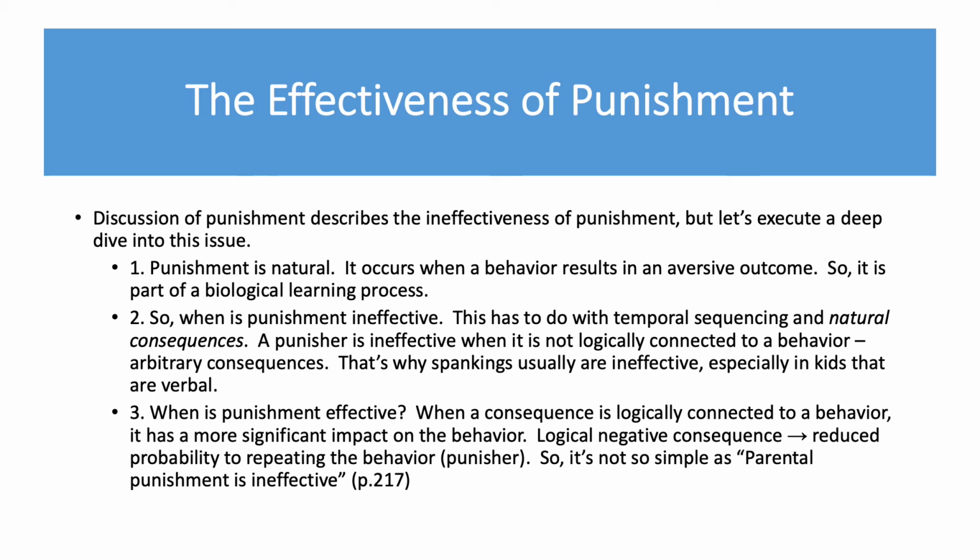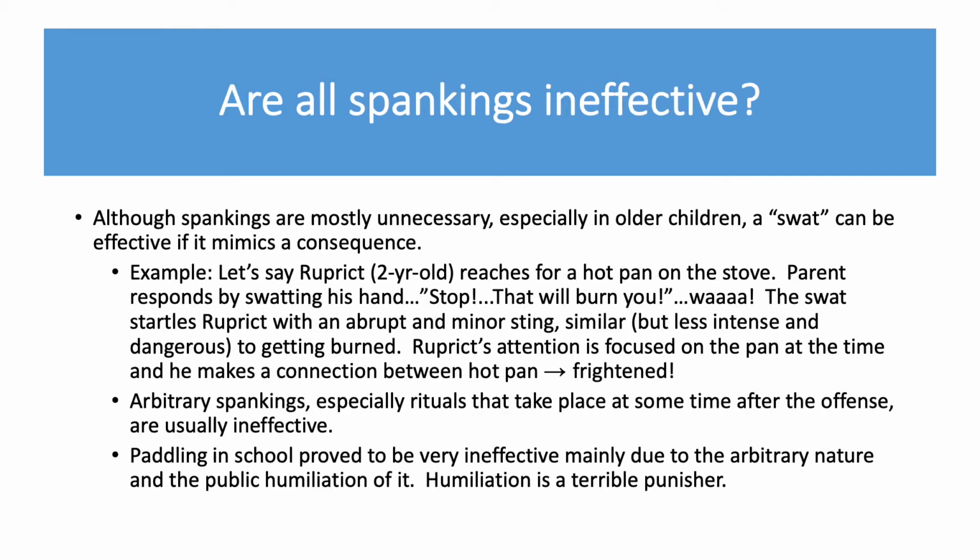So think, okay, what is a logical consequence here? Letting that natural consequence happen, or providing it, is more likely to serve as an operant teaching tool to weaken that behavior. And then, as we talked about before, provide an alternative to reinforce.